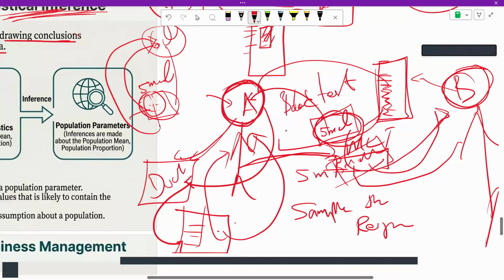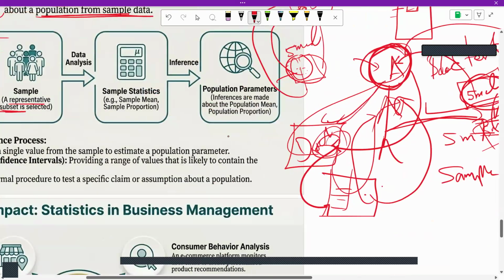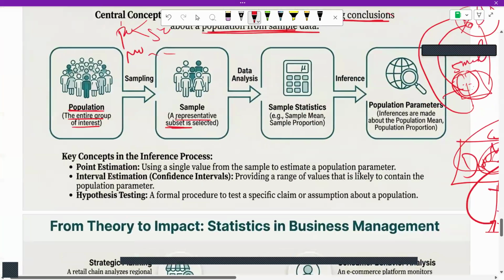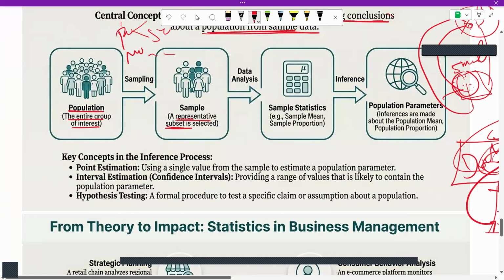And Mr. A claims that this report belongs to A, and the doctor infers from the sample statistics to Mr. A. It is wrong because of sampling error, because the 5 ml is not a representative subset of the population, right? So it's very important that it should be representative.